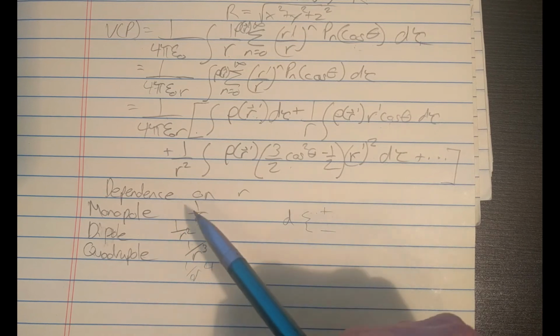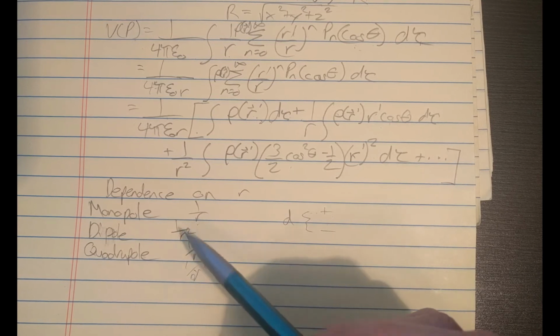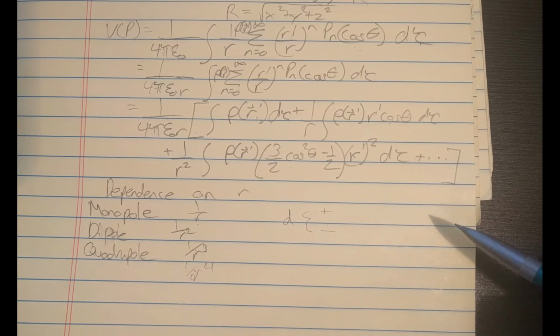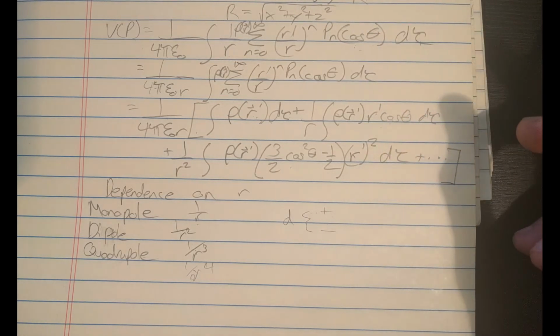Because as r gets bigger and bigger, the monopole term dominates more and more, because the other ones are pretty much going to be nothing. So I hope that makes sense. That was an explanation on the multipole expansion.